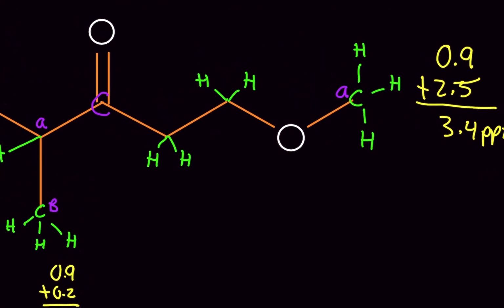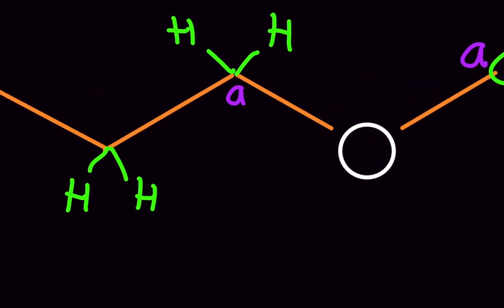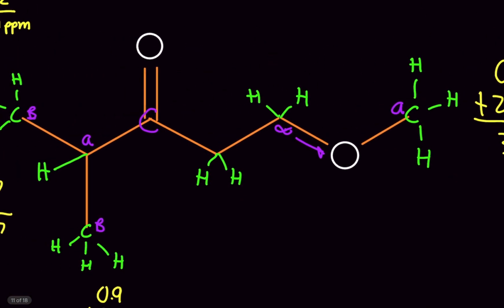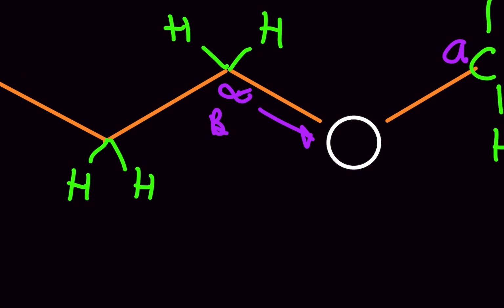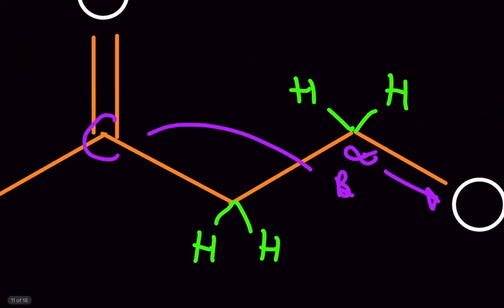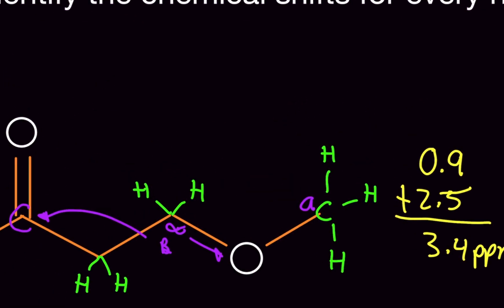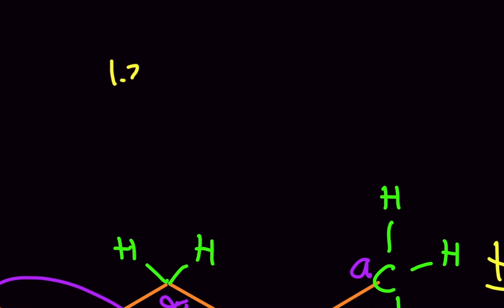Okay, what about this one? Now, here is where it gets a little interesting. What do we do? This is going to be alpha to this oxygen, but beta to the carbonyl, to this carbonyl. So we have a CH2. CH2 equals 1.2.